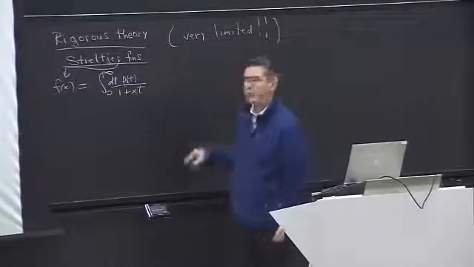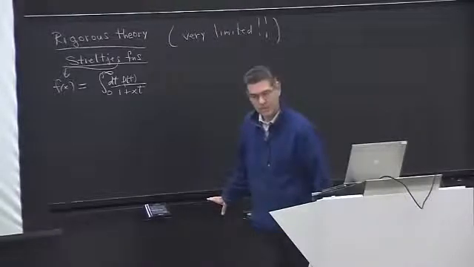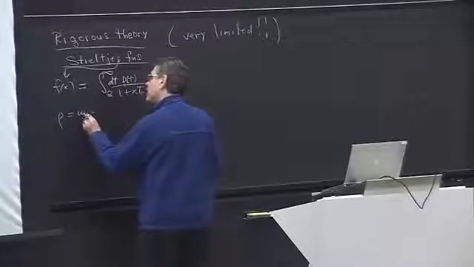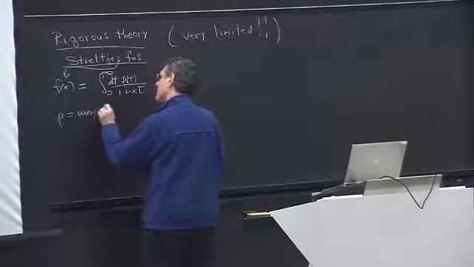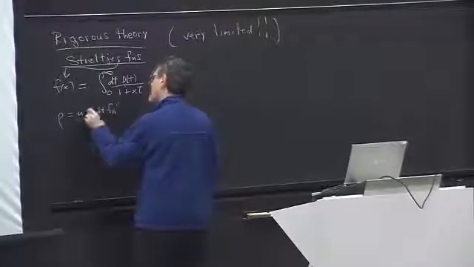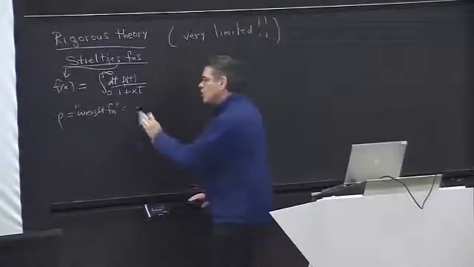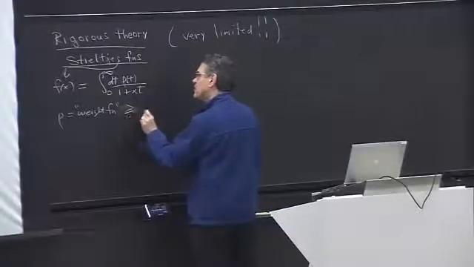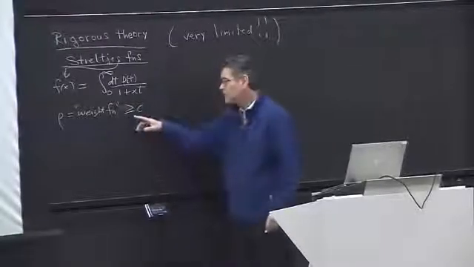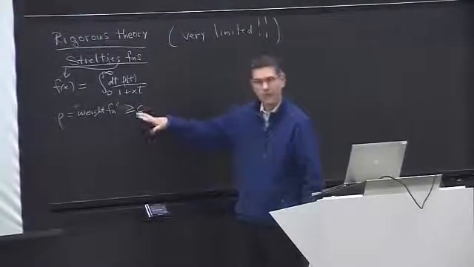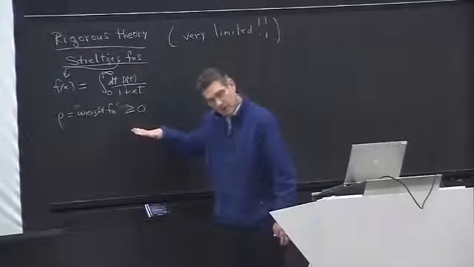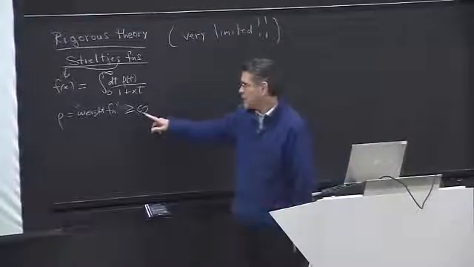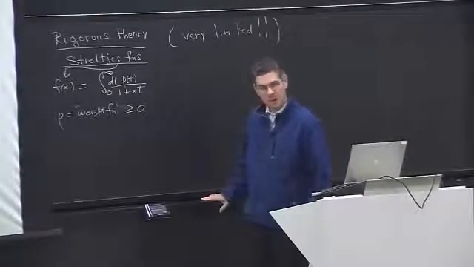That's a Stieltjes function, where rho is called a weight function. And rho has the property that it is non-negative, not strictly positive. Rho can be zero, but it can never be negative.